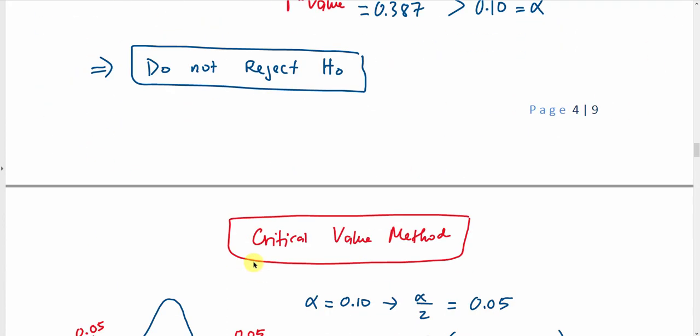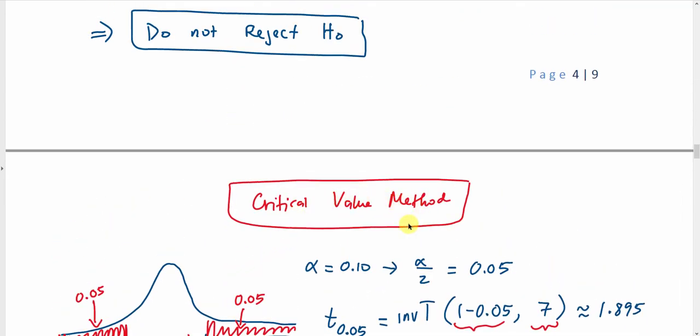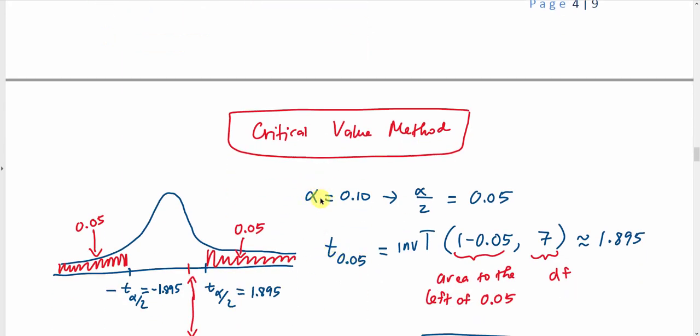Okay, let's try the critical value method and see if they are consistent. We have to find the critical values. We are given alpha to be 0.10, and because this is a two-tailed test, I have to find alpha over 2, which is 0.05. So that is the area for the right tail and the same area for the left tail.